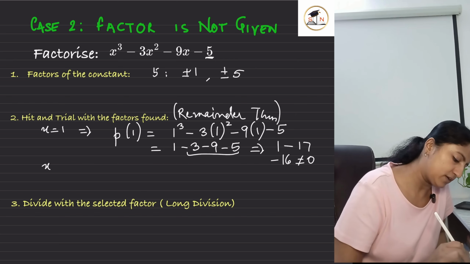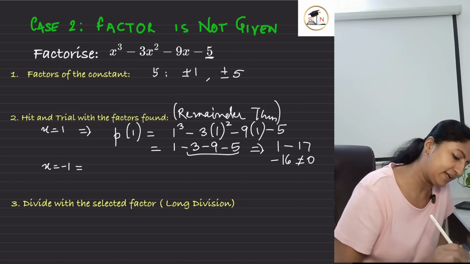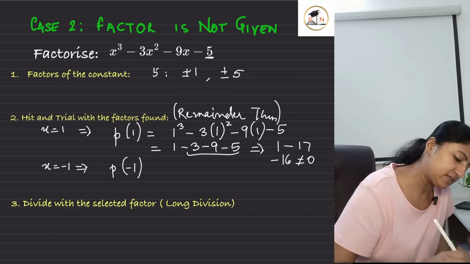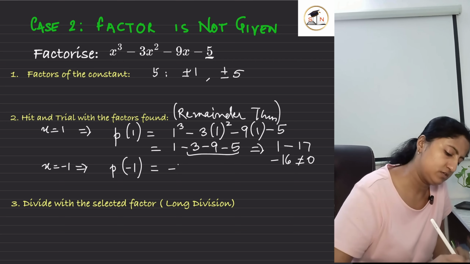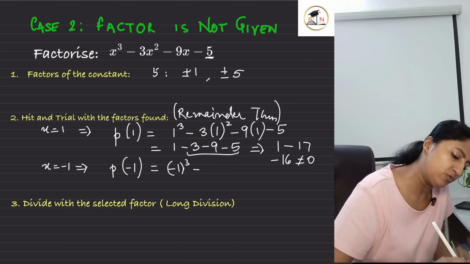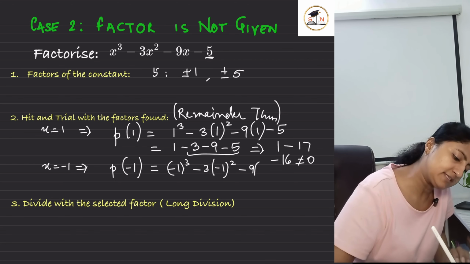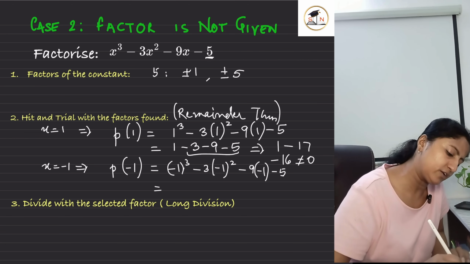Let's try with the next one, which is x equals negative 1. The process repeats. I'll substitute negative 1 now. So we have negative 1 cube minus 3 times negative 1 square minus 9 times negative 1 minus 5. So what do we get over here?